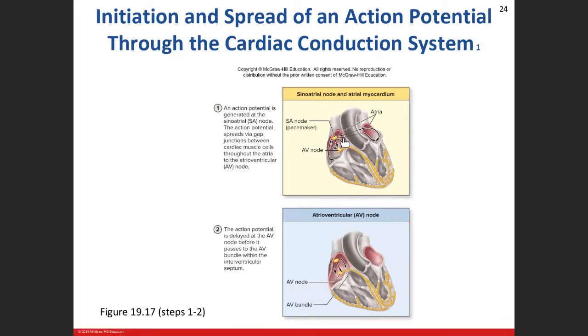Remember that characteristic they have, that spontaneous depolarization, what we call autorhythmicity, where these cells don't need to be stimulated to depolarize. They just do it on their own. So they'll start to depolarize, and that will cause depolarization of the cardiac cells.